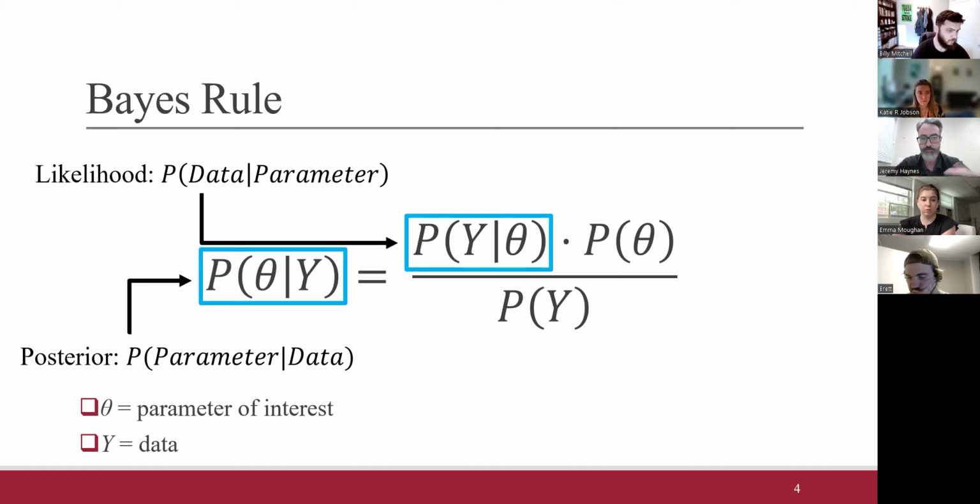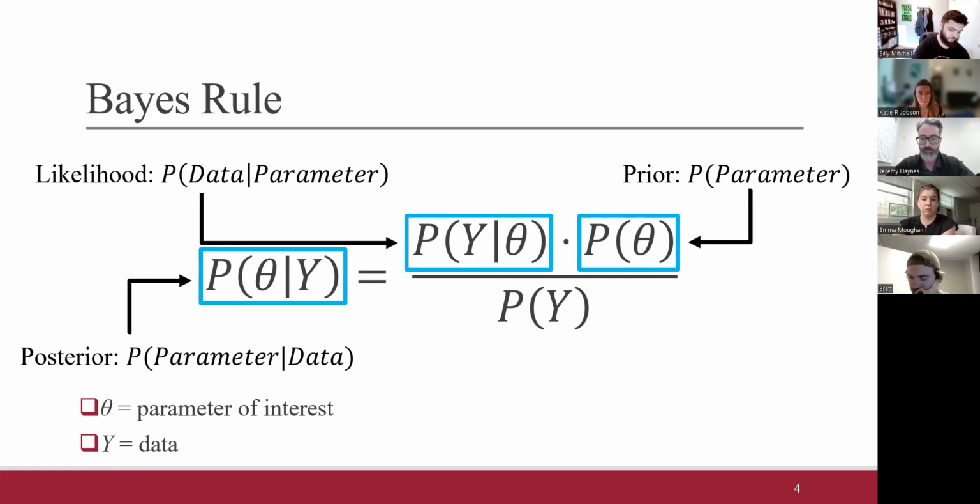And now the likelihood is multiplied, or you'll often see this term weighted, by the prior. And this is just the probability of the parameter value. You can think of this as what are some plausible values for the parameter before we've even seen or observed the data at all.